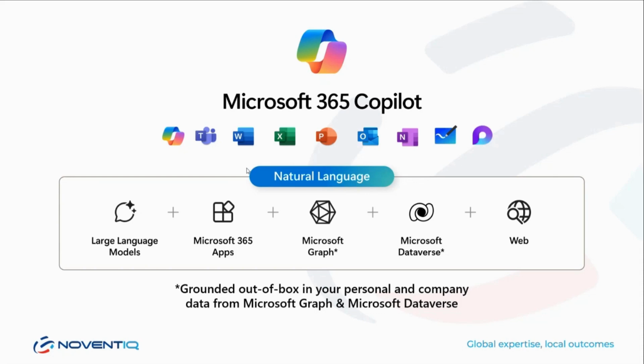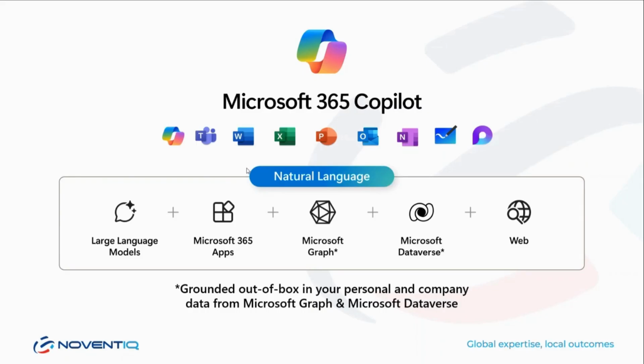It comes with your Microsoft Graph grounding out of the box, and it helps you to query over your enterprise data. And in general, we are all aware of M365 Copilot. We all use it in our day-to-day lives to increase productivity.